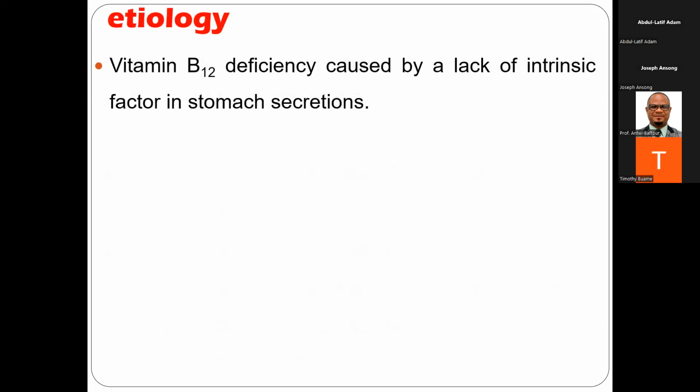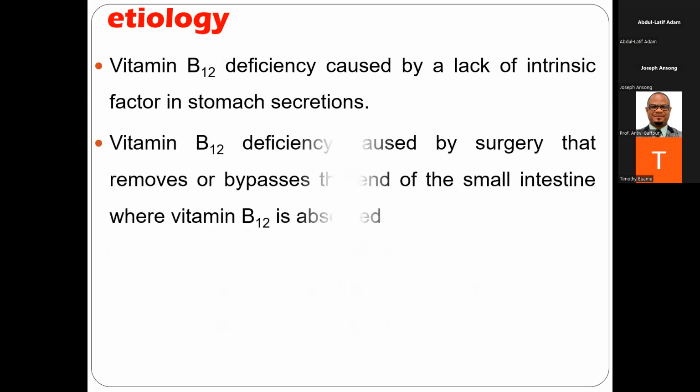So we get B12 deficiency caused by lack of intrinsic factor in stomach secretion, or deficiency caused by surgery that removes or bypasses the end of the small intestine at the ileum where it is absorbed.